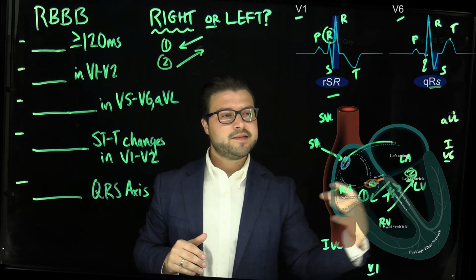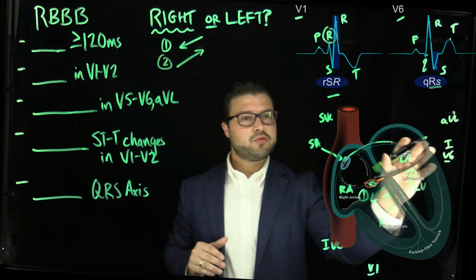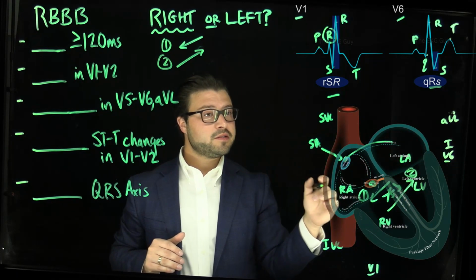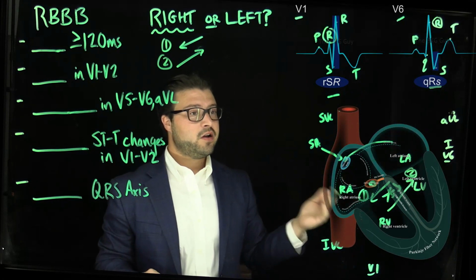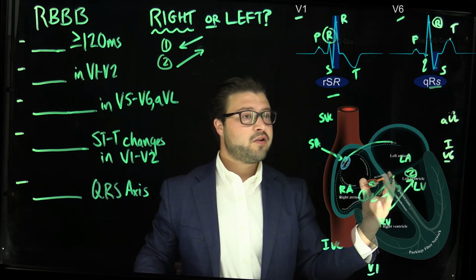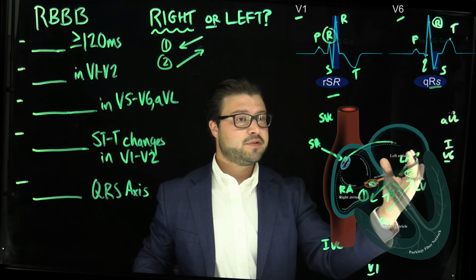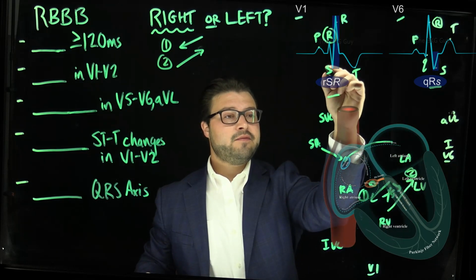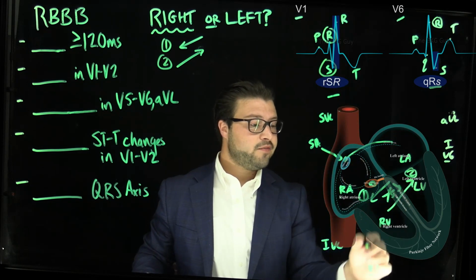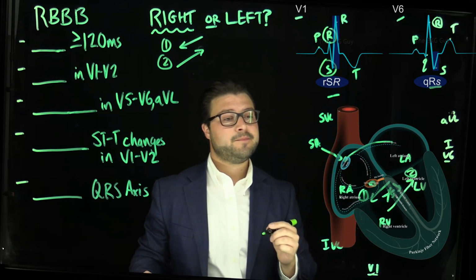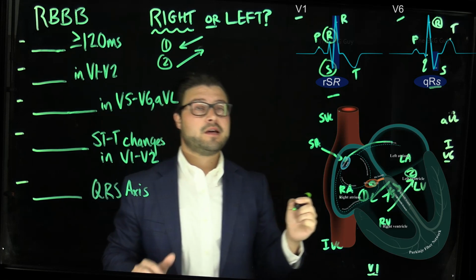So you have a positive depolarization wave heading towards V6, and as a result, this is where you get this big R wave occurring, okay? That R wave occurring in V6 is a result of that. And the S wave occurring here is because this depolarization wave is heading away from V1, okay? So that's where that comes about.